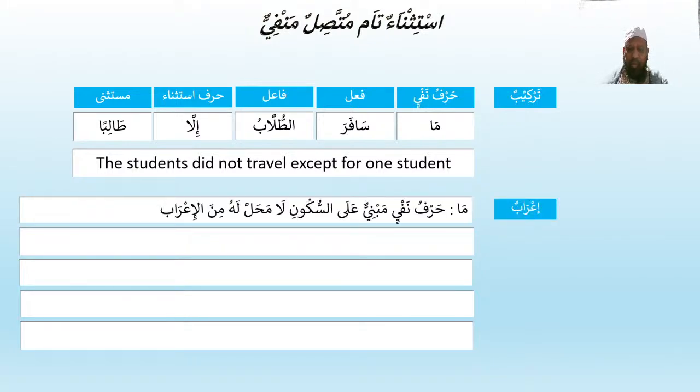Arab ما حرف نفي مبني على السكون لا محل له من الإعراب.